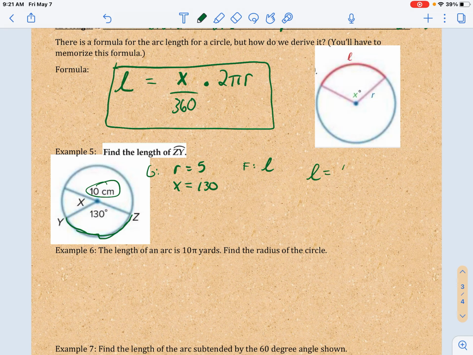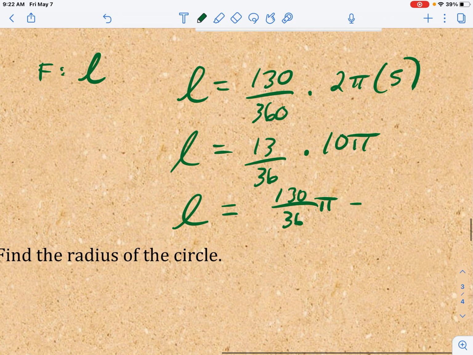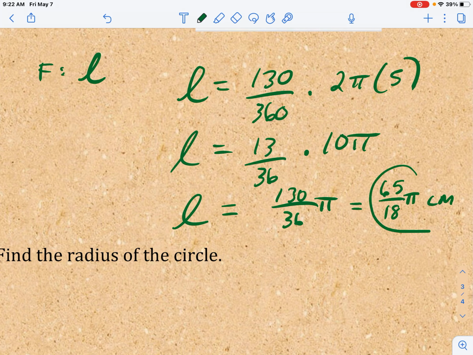So L equals 130 over 360 times 2 pi times 5. So I get 13 over 36, I'm going to simplify that, times 10 pi. And then I guess you could keep simplifying, but we'll say 130 over 36 pi, which equals 65 over 18 pi centimeters.